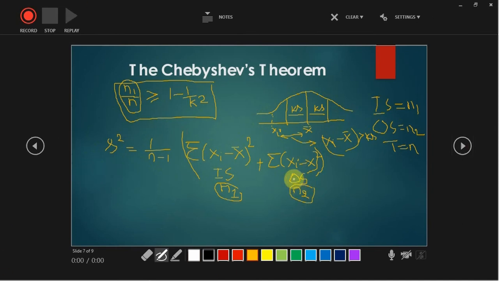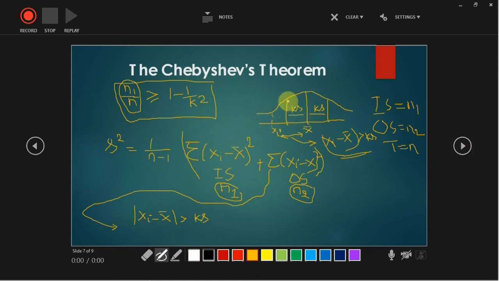So now we take this part, and we start from this statement. For outside the range, what is true is that the absolute value of xi minus x bar is greater than ks. If we look at this graph, this becomes very clear.